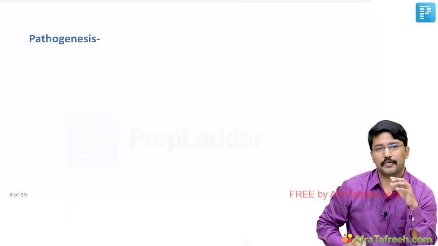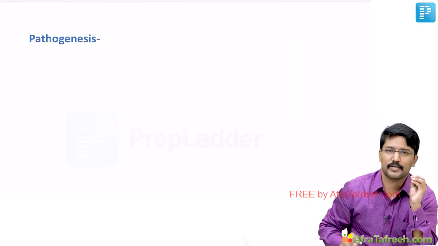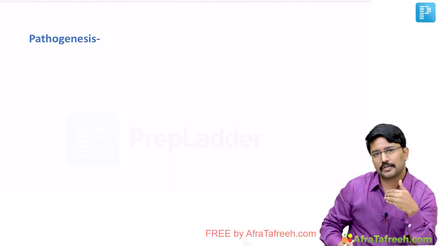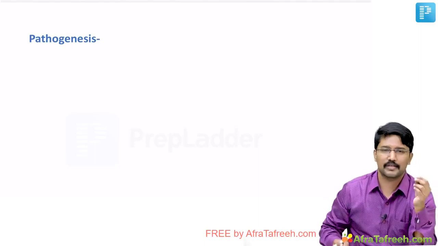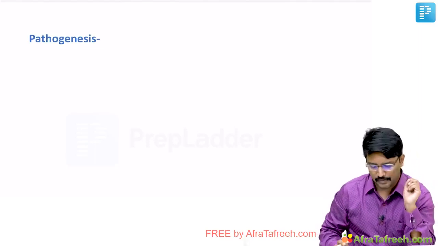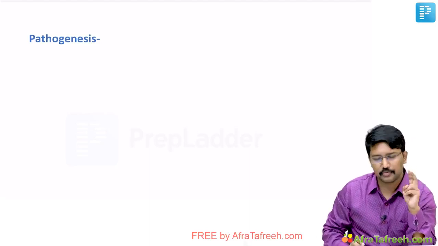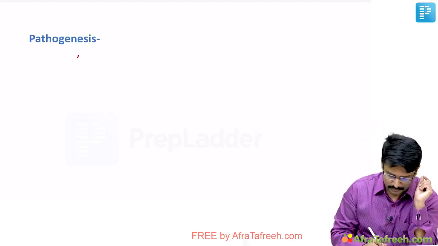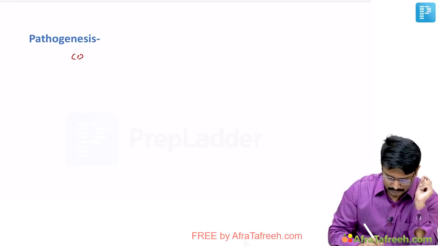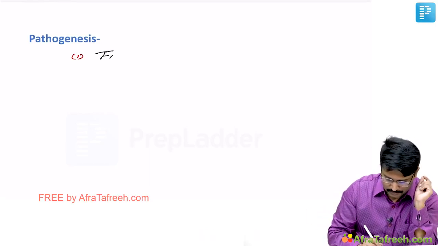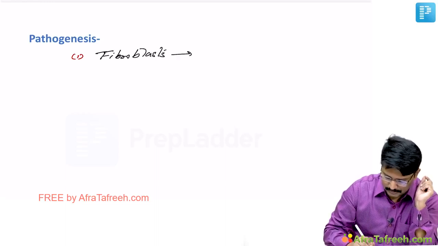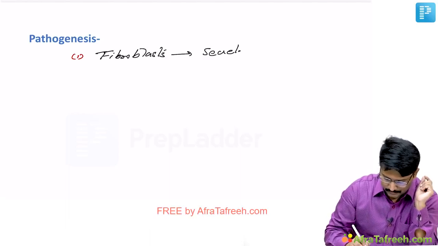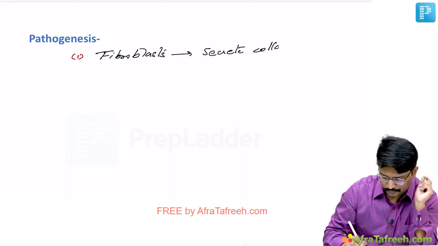Coming to pathogenesis, we know very little about pathogenesis, and that's why we call them idiopathic. Even in those forms of interstitial lung disease where we have a known cause, for example, sarcoidosis or other connective tissue disorder, we know little about its pathogenesis. But from the treatment point of view, we should know two important points. Point one I want you to remember is that there is a role of fibroblasts, which secrete collagen and are responsible for fibrotic changes.